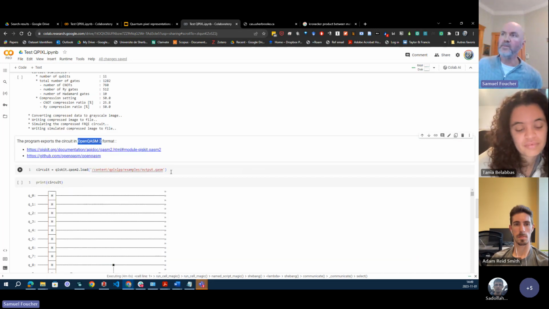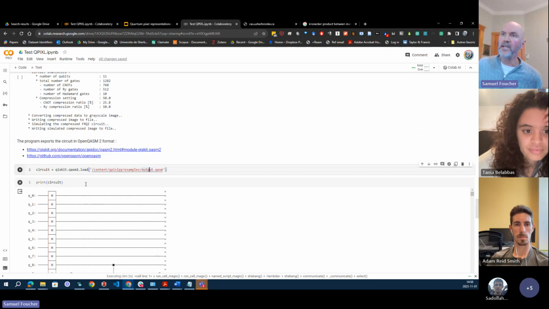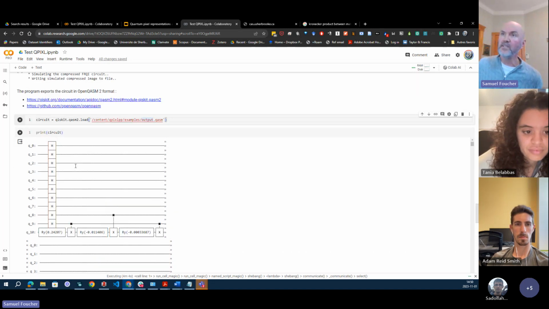So you can load it with that command here, the QASM, and I can print the circuit, and you see the circuit here in a text format, with all your qubits for positions, the one for the grayscales, all your rotations, the X gates to turn off on the control gates.